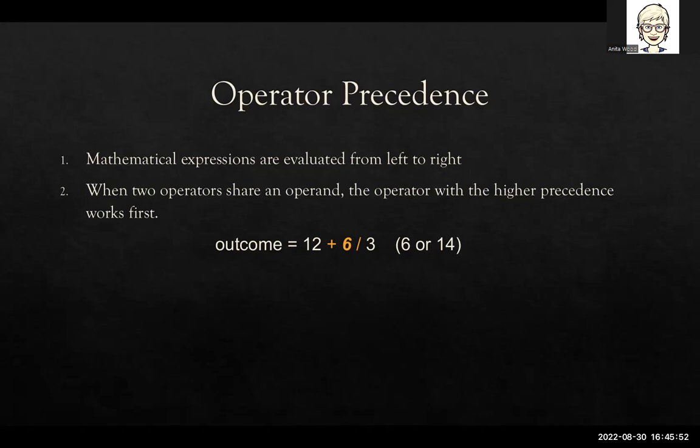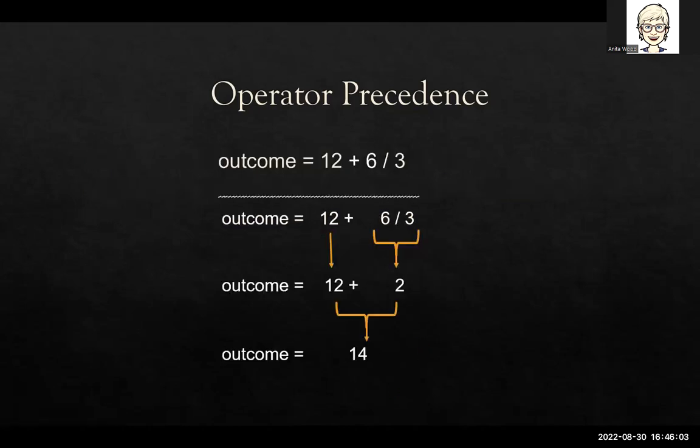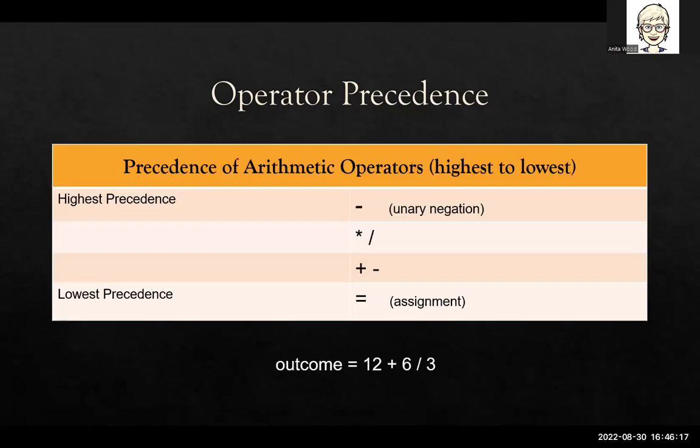Multiplication and division have higher precedence than addition and subtraction. So the statement here works like this. 6 is divided by 3, yielding a result of 2. 12 is added to 2, yielding a result of 14. The multiplication and division operators have the same precedence.